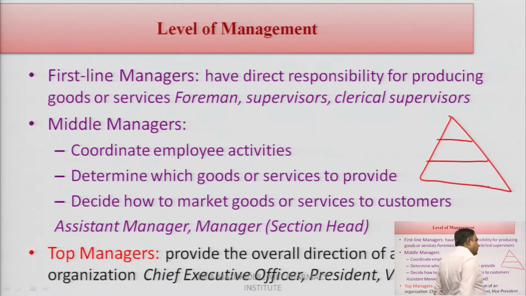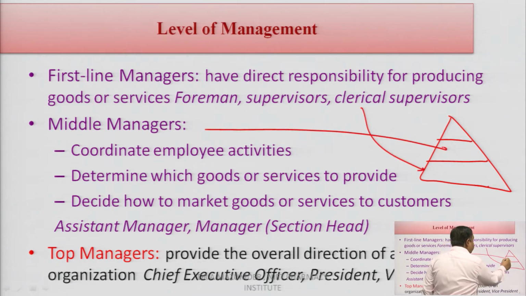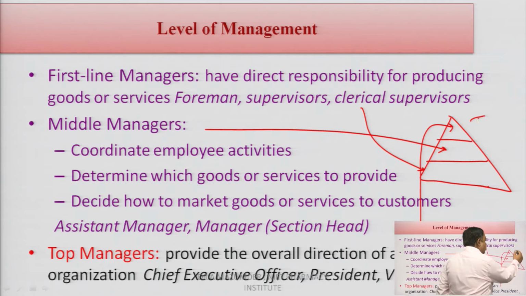These are the three levels. The lower level, which we call the first line managers. Then we have the middle level managers here, and finally the top level managers are placed at the highest level.